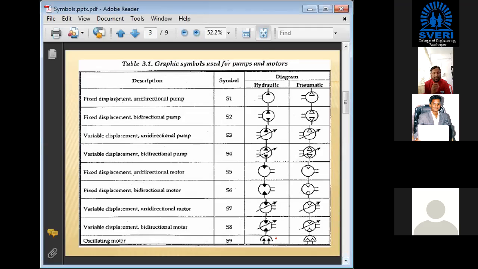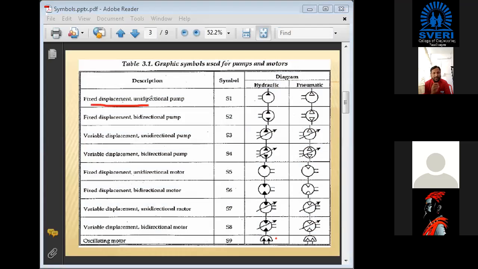The first one: if you want to indicate a fixed displacement unidirectional pump, once again I am repeating, fixed displacement unidirectional pump, and you are using that pump in the hydraulic system, then you have to indicate it by this symbol.